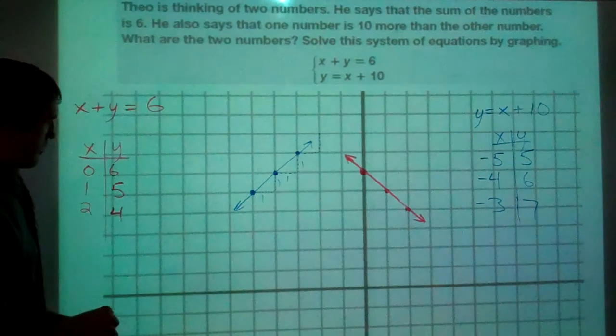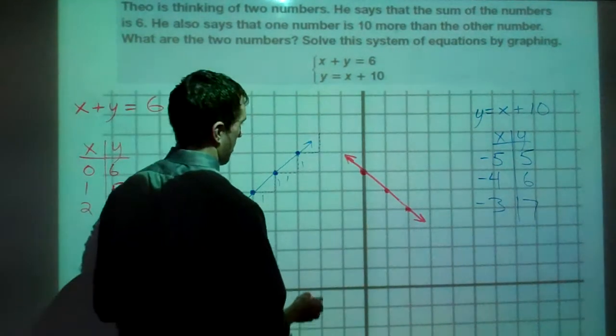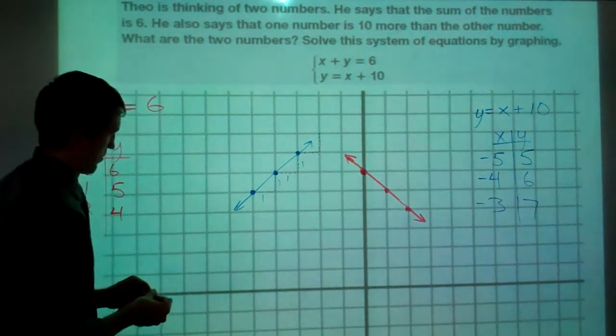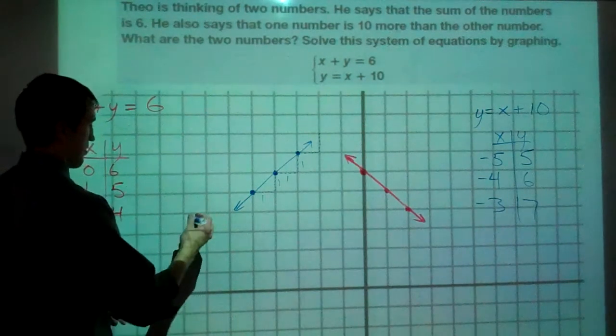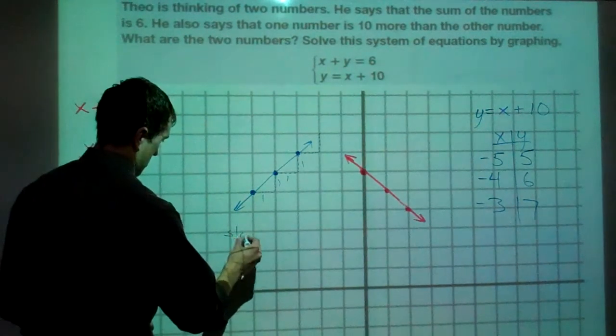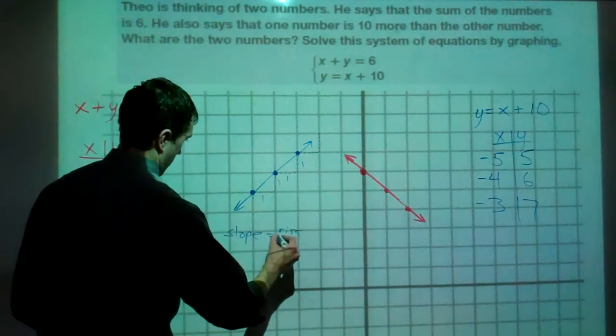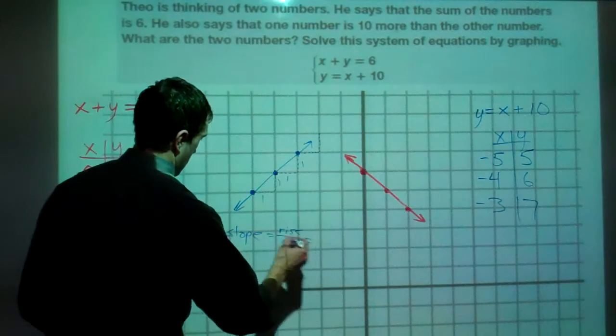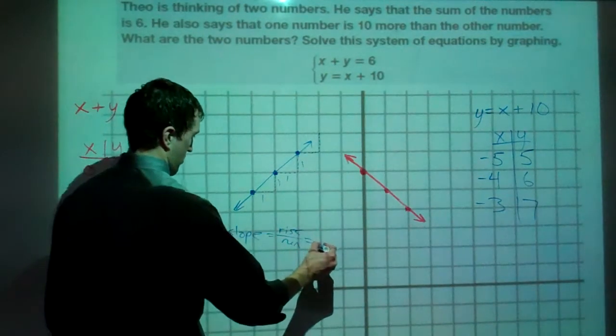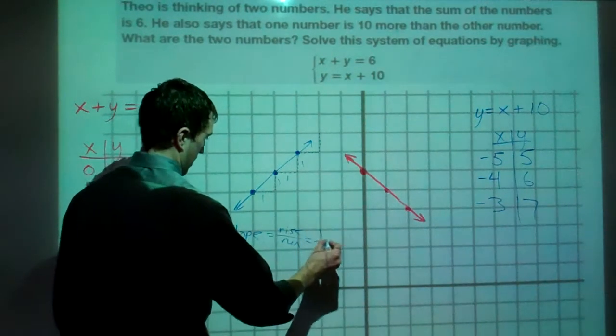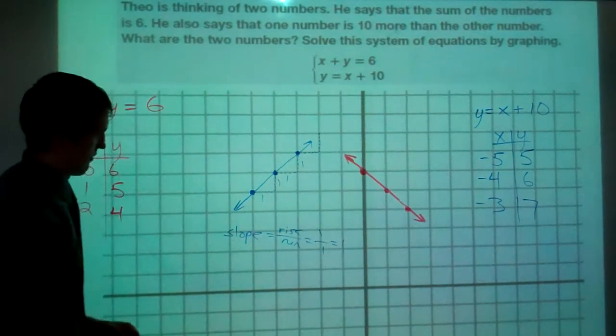Let's take a look at the red one. So this one actually has a slope of 1. That's rise over run. We went over 1, up 1 each time. So the slope of that graph is 1.